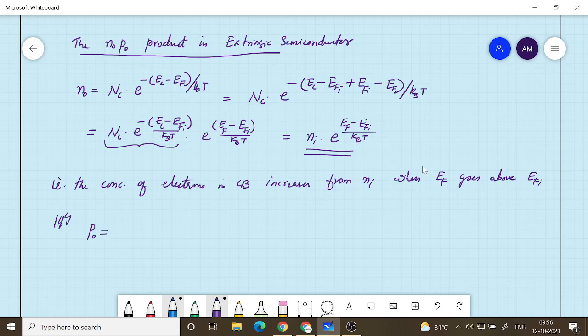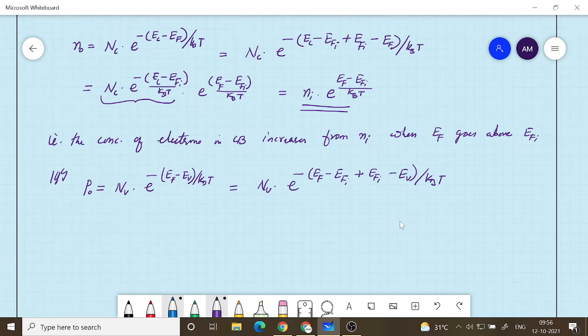So P0, if I take that, was Nv into e raised to minus (EF minus EV) by kBT. Again, I am adding and subtracting the intrinsic Fermi level. So EF, I say minus EFI and then plus EFI, then minus EV. Okay, so I can now break it into two parts.